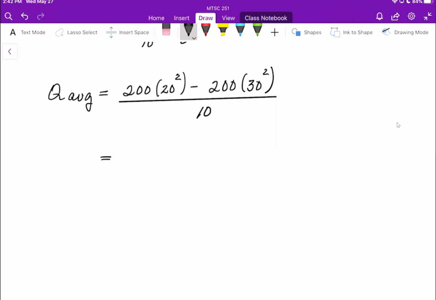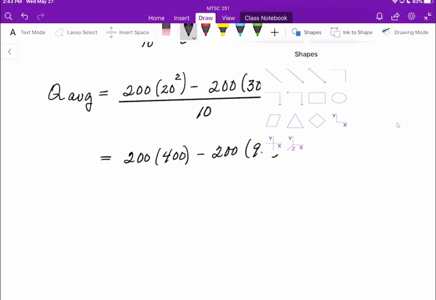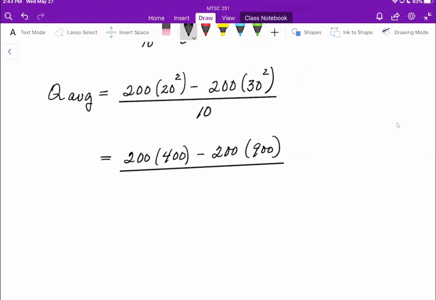We're going to get 200 times 400 minus 200 times 900, divided by 10. And this answer comes out to be minus 10,000 gallons per minute.